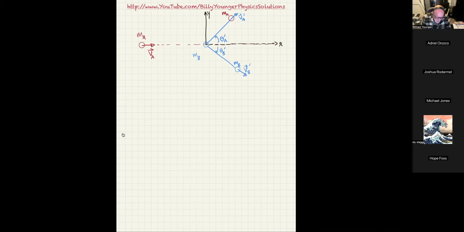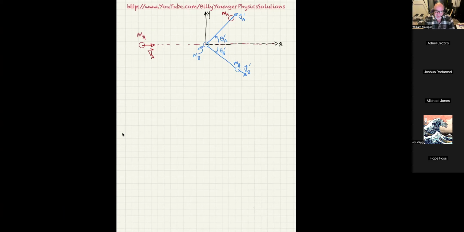Now, from this, we can get the conservation of momentum equation and the conservation of kinetic energy equation. But right now, we're just assuming that it's going to be a collision that only conserves momentum. The net external force acting on the system is zero, but we don't necessarily know that it is an elastic collision. So when I do this, I can write conservation of momentum.